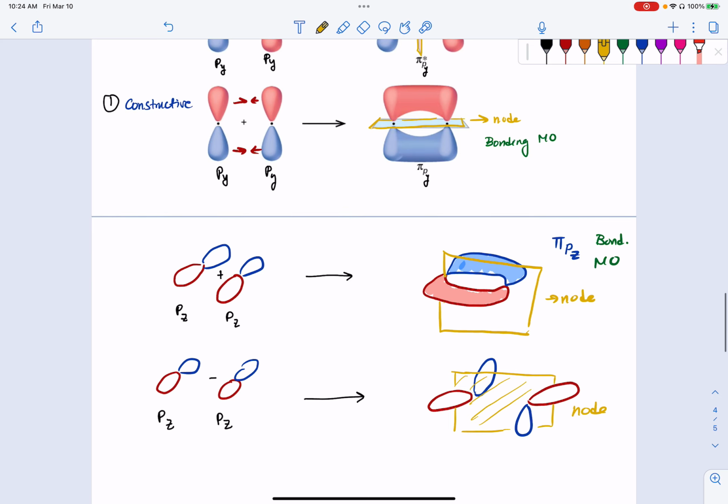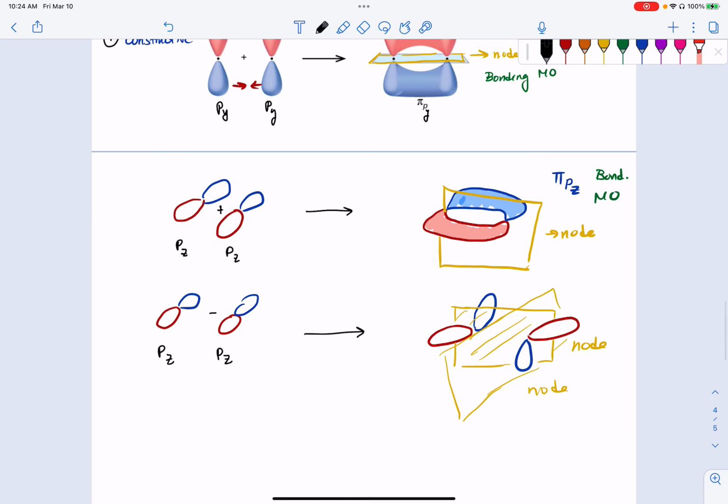And then we also have a node between them. That would be this plane sticking in and out of the board. So our two planar nodes. This would be our pi star pz antibonding molecular orbital. And this would be at a higher energy state than the bonding molecular orbital.